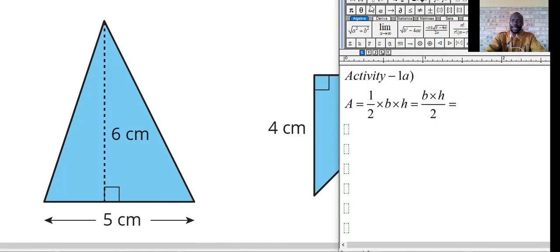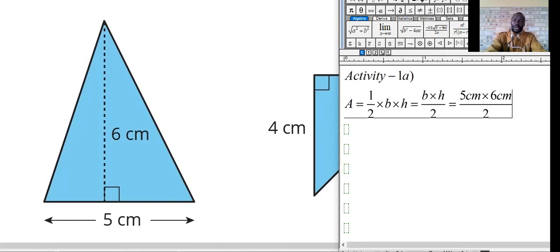So let's use that right away. For the numerator, we have the base as 5 centimeters, so we are going to write 5 in centimeters. And please note that we are multiplying this 5 in centimeters by the height, which is also in centimeters, but 6 in this case. Then later, we are dividing them by 2.